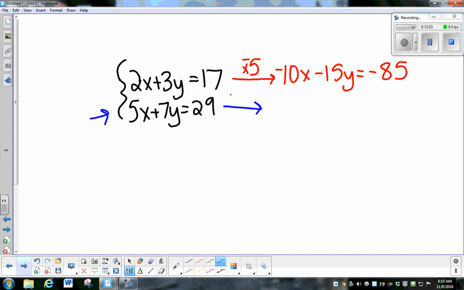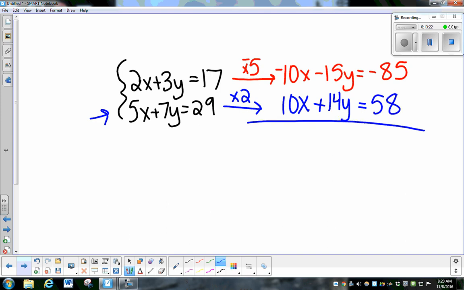So I need to multiply that one by positive 2, because then, let's multiply that out. 5x times 2 is 10x, 7y times 2 is 14y, and 29 times 2 is 58. So now if I add those equations up, I made my x's so that they eliminate. I've got a positive 10 and a negative 10. Well, negative 10 plus positive 10 is 0. 0x is just 0, so those eliminated.